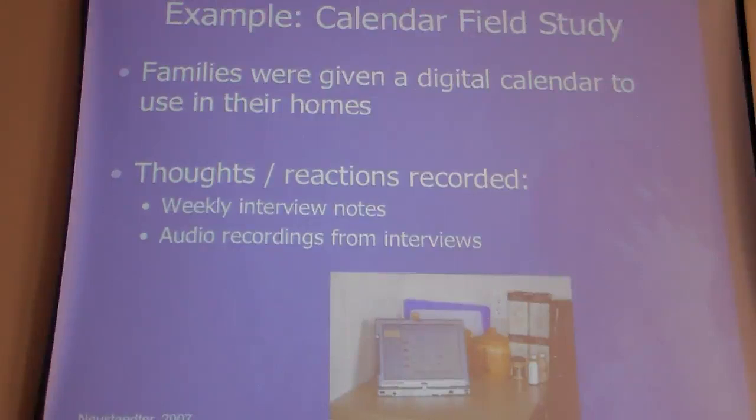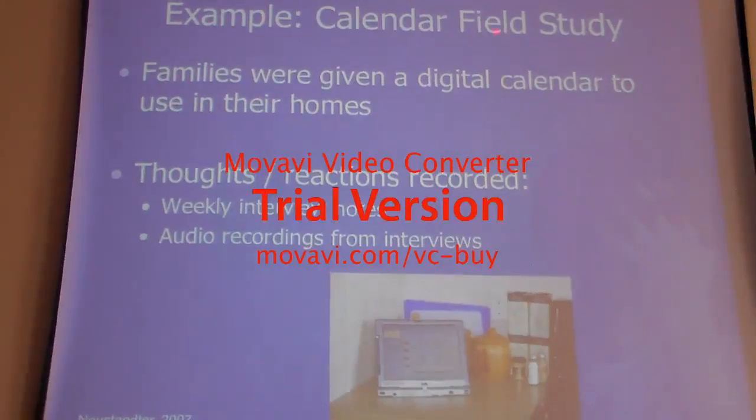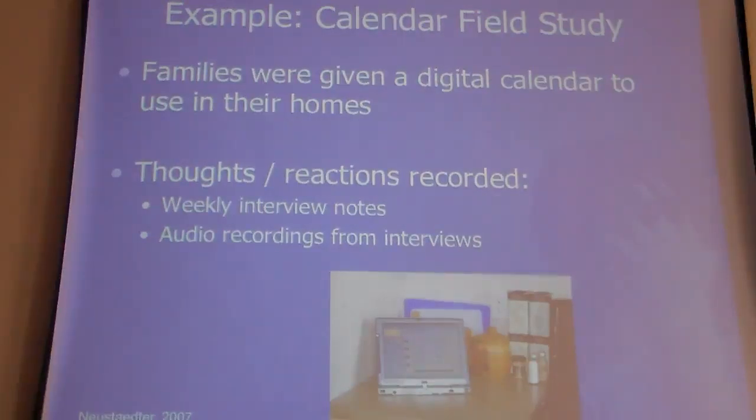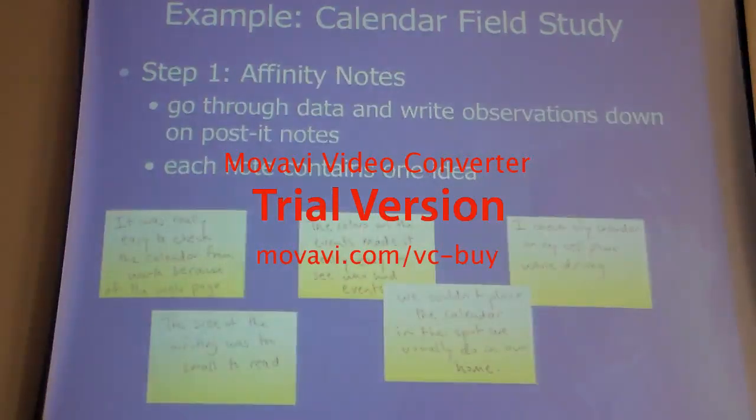For example, a calendar field study: families were given a digital calendar to use in their homes instead of a written one. Thoughts and reactions were recorded through weekly interview notes and audio recordings from interviewers.